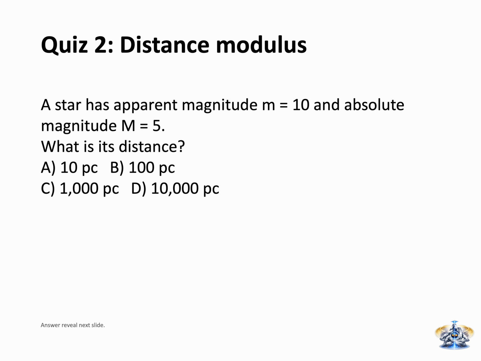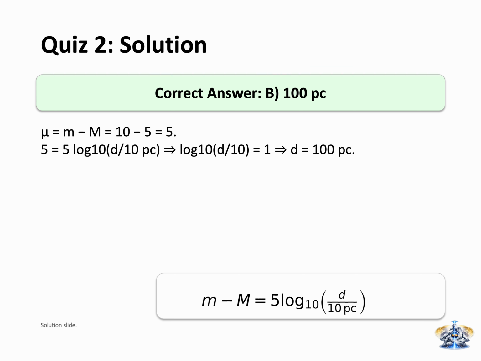This one is straight distance modulus. You're given apparent magnitude and absolute magnitude. Compute m minus M and solve for distance. Solution to this one is, first we compute the distance modulus, m minus M, which we also denote as mu.